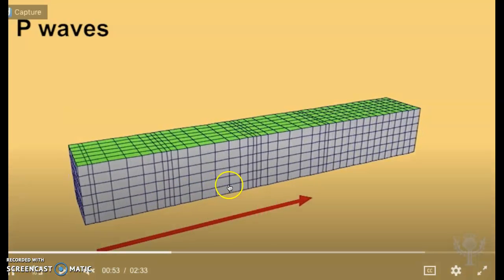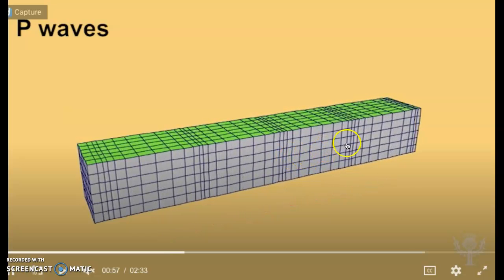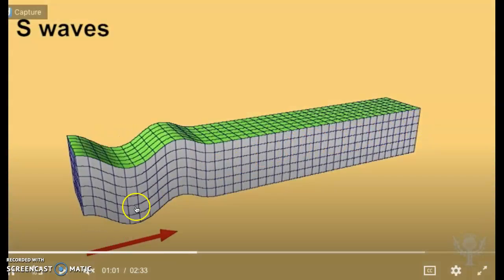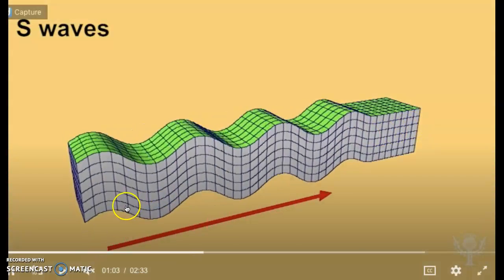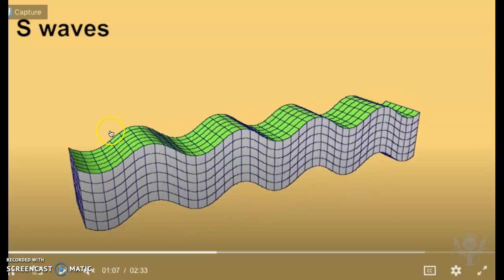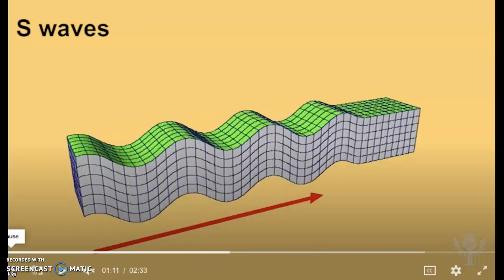Here is a longitudinal wave. You can see the motion of the individual particles along the same line as that wave. S waves are way more dangerous because the particles, the Earth, are actually moving perpendicular. As you can imagine, those cause much more damage.